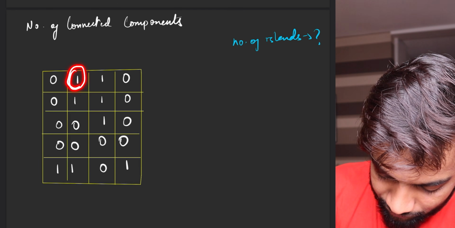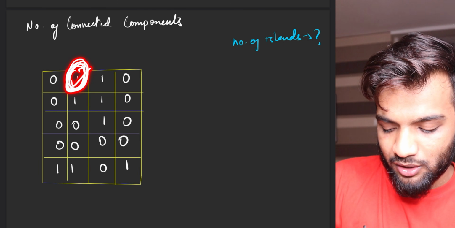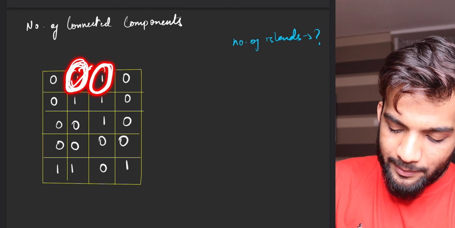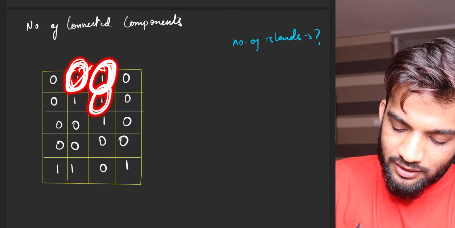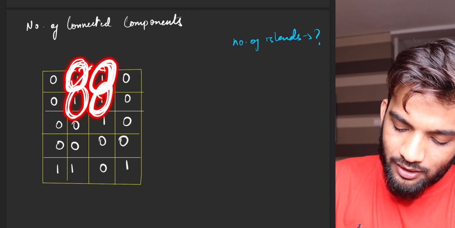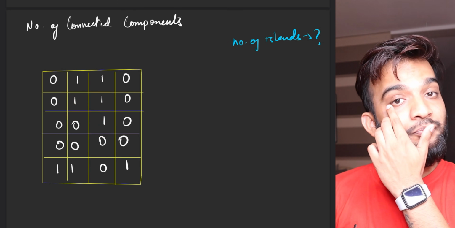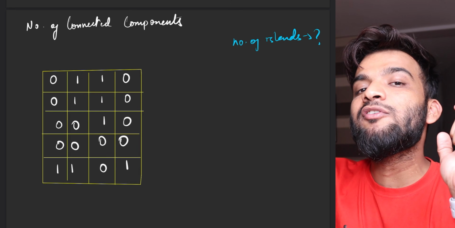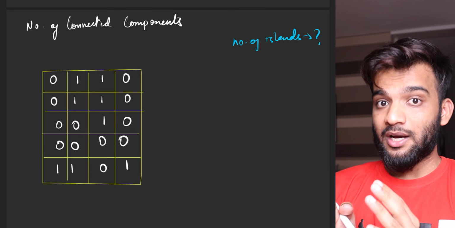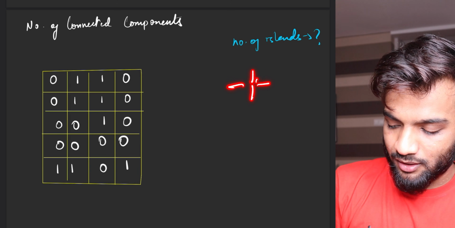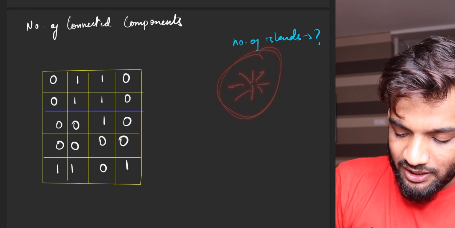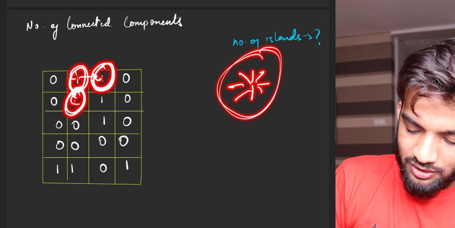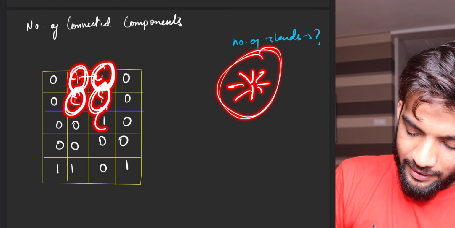If I start a traversal from a 1, it will make sure it traverses the nearest one. So if I start from a particular one and do a certain level of traversal, assuming that the connections are in all 8 directions, then this one will go and traverse this, this one might go and traverse this.